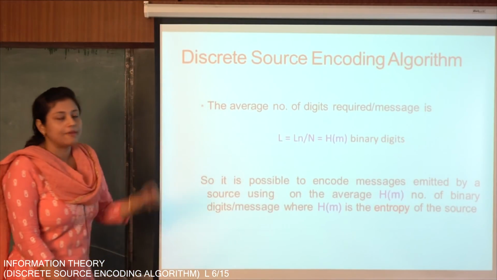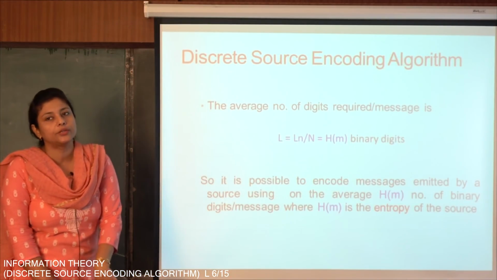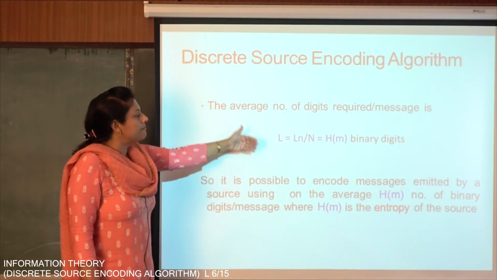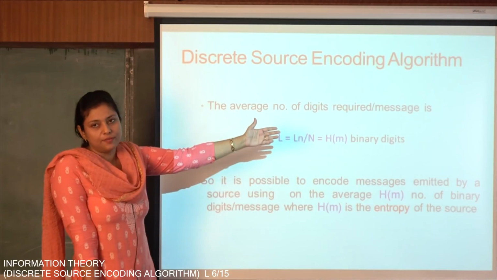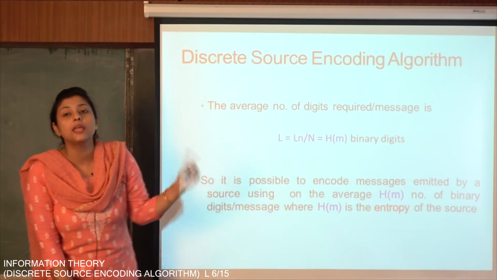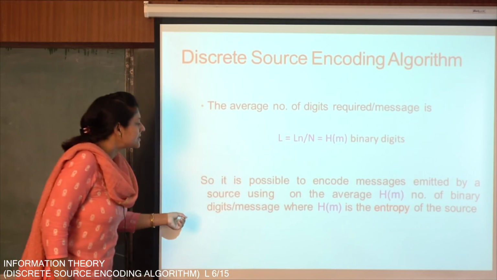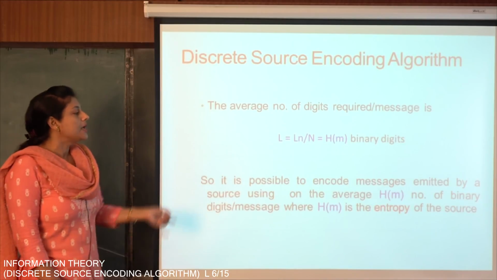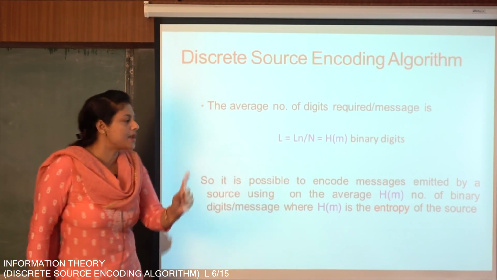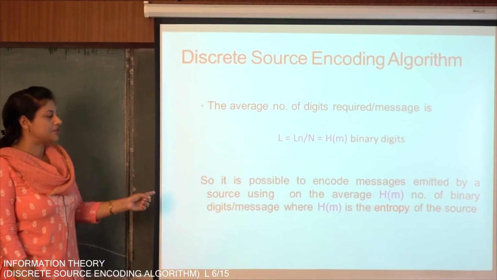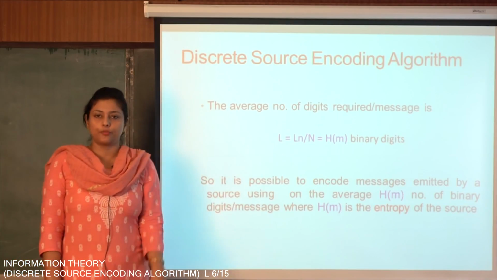Now what is the average number of digits required to encode that message? We just divide ln by N, so we get it as H(M) binary digits. So this is a very important equation, which states that it is possible to encode messages emitted by a source using, on the average, H(M) binary digits per message, where H(M) is the entropy of the source.